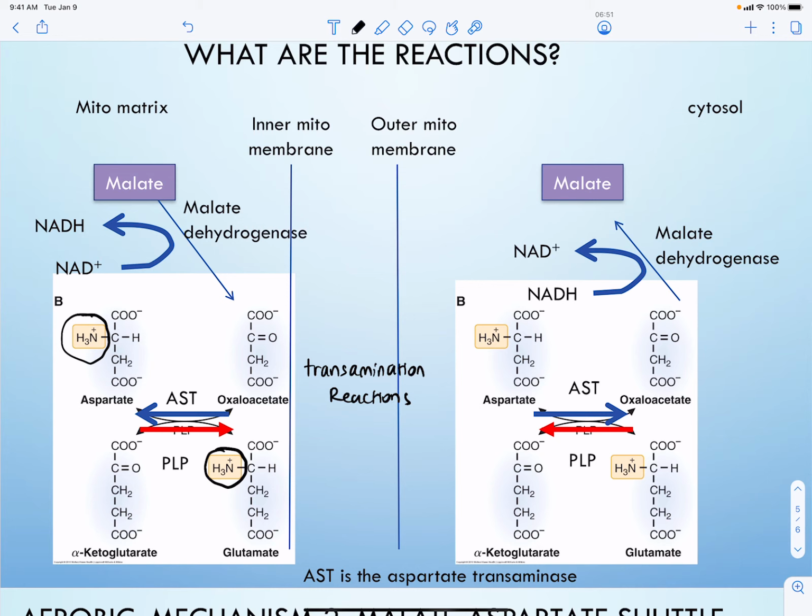Now, malate is also going to be able to become oxaloacetate through malate dehydrogenase. And this is where you get the transfer of electrons to NAD to form NADH. And then this can go to the electron transport chain, and this can make ATP.